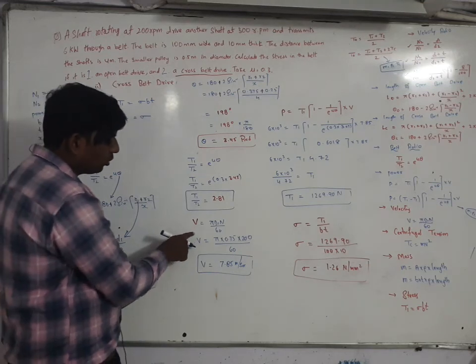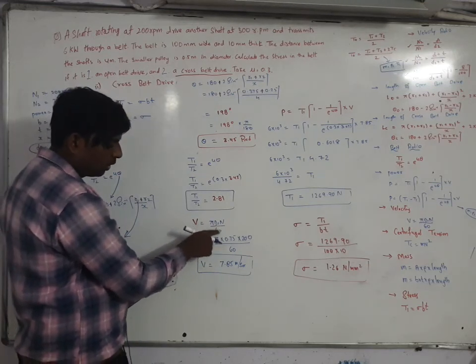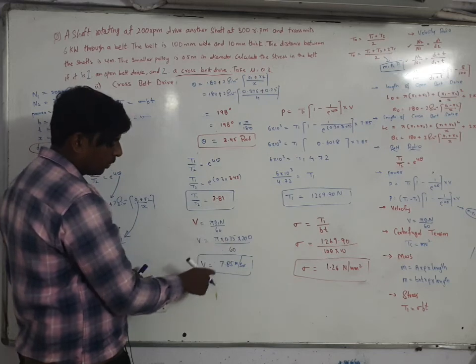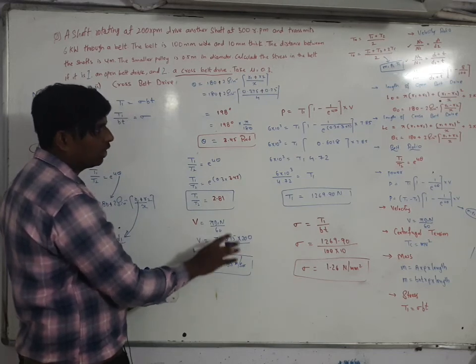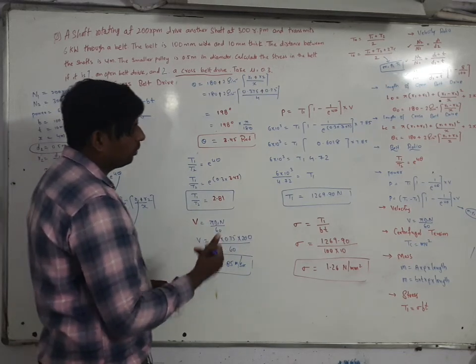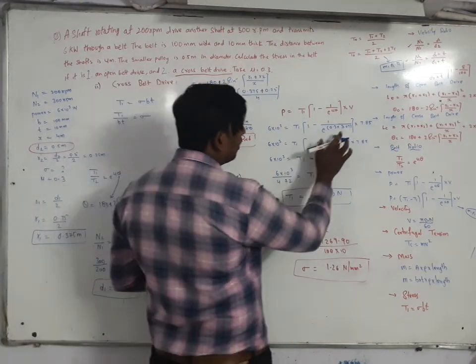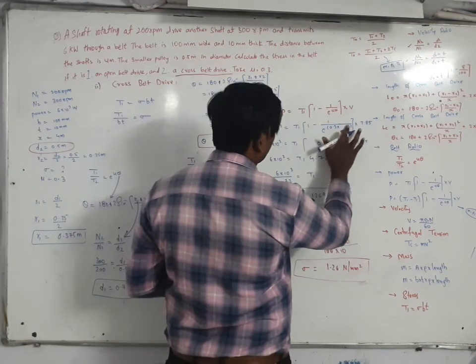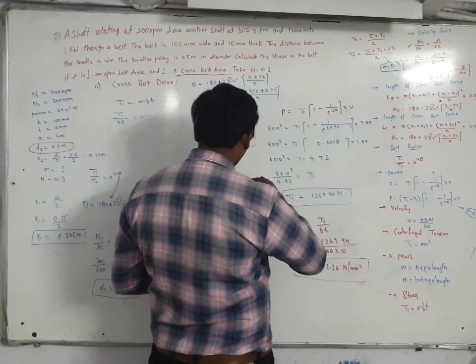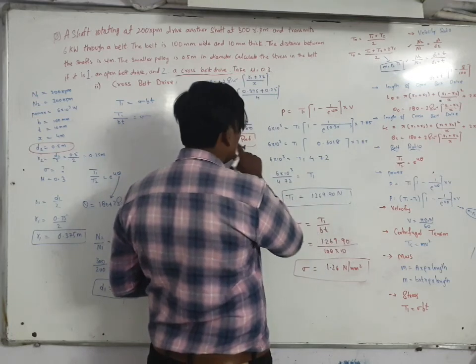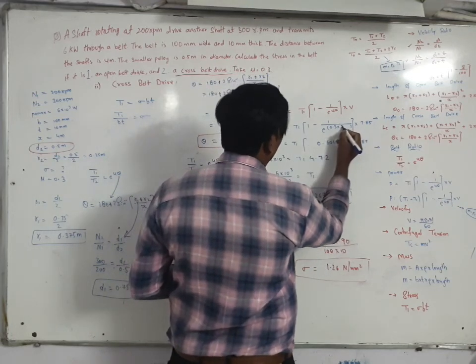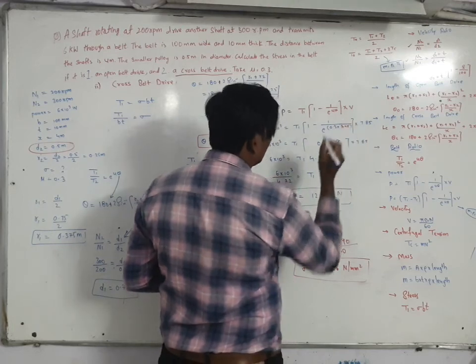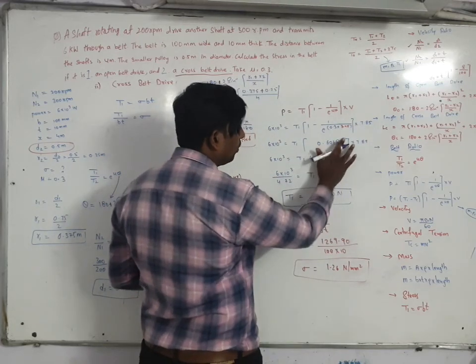Then V is as usual pi d n by 60, d1 is equal to 0.75, and you will get velocity 7.85 meter per second. Then power also has the same formula, but here the theta value will be changed. Previously the theta value was this one, now theta is 3.45, so you have to write 3.45.